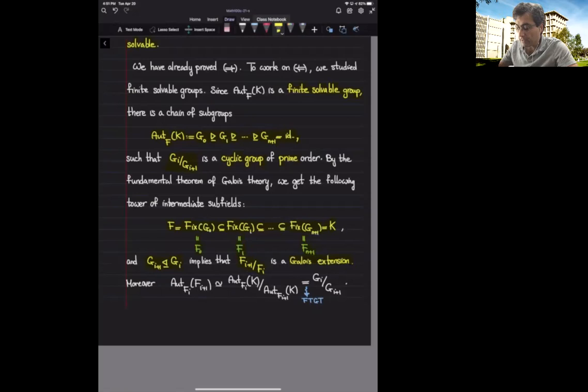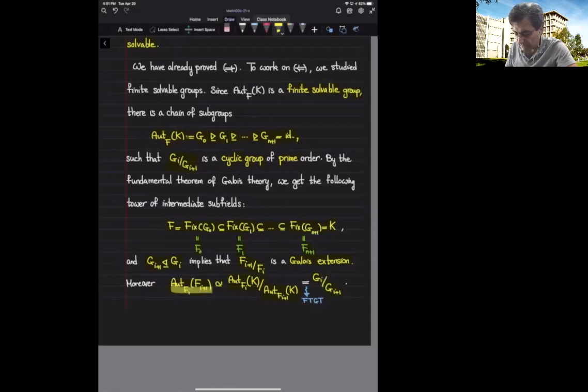And moreover, if I look at the restriction map from the F sub i automorphisms of K to the field F sub i plus 1, it's onto, so we get the entire group of F sub i automorphisms of F sub i plus 1, and the kernel of this map is the F sub i plus 1 automorphisms of K. That exactly means the numerator here is precisely G sub i, and the denominator is G sub i plus 1.